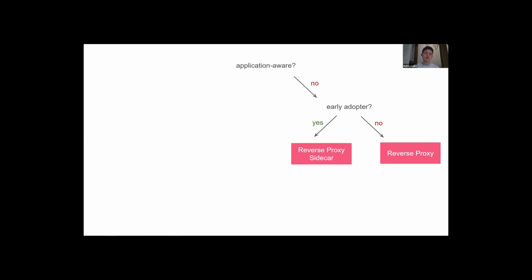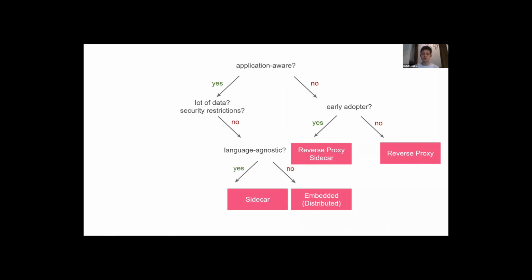Now, if your application needs to be aware, or you need something more than caching, like some storage or some computing, so the application basically needs to know what is going on, then the next question is, do I have a lot of data or security restrictions? If no, do I need to be language agnostic? If no, use embedded distributed. If yes, you use sidecar.